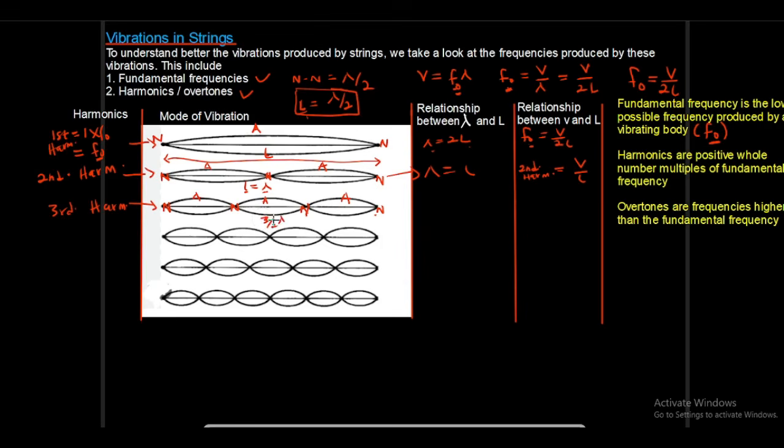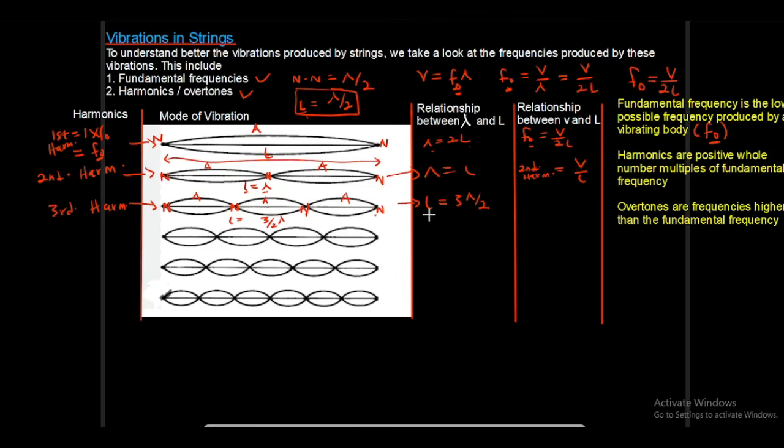So we have 3 over 2 wavelength to be this length, which is the length of our string. So for third harmonic, the length of the string is equal to 3 wavelength over 2. So the relationship between L and wavelength is L equals 3 wavelength over 2. This is for third harmonic.